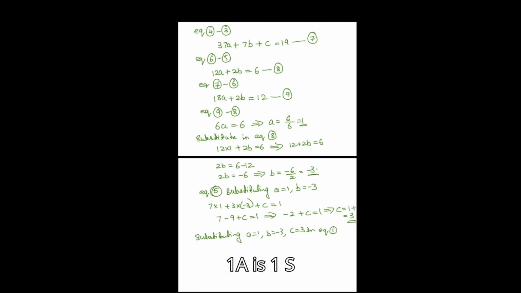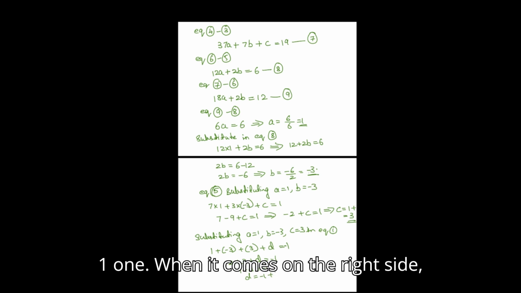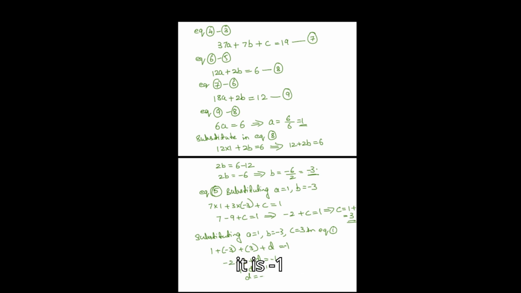So 1 plus minus 3 plus 3 plus d is equal to minus 1. 1 minus 3 is minus 2, minus 2 plus 3 is 1, so 1 plus d is equal to minus 1. d is equal to minus 1 minus 1, which is minus 2. So we got d value.